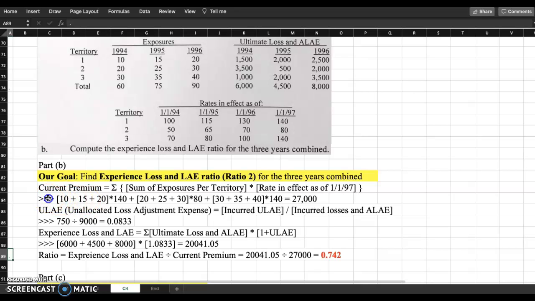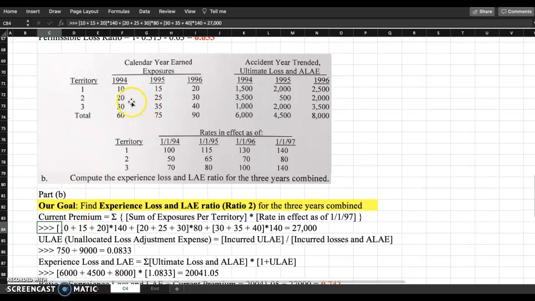So we get all these sum of exposures per territory, which is 10 plus 15 plus 20. And then you multiply that by the rate effective, which is 140. You do the same thing for 20 plus 25 plus 30, and then multiply by 80. When we do that, we have the current premium as 27,000.